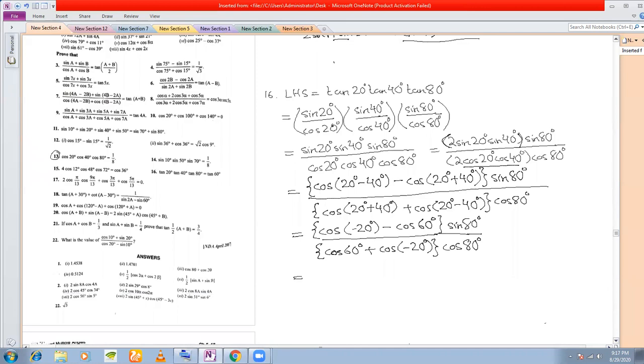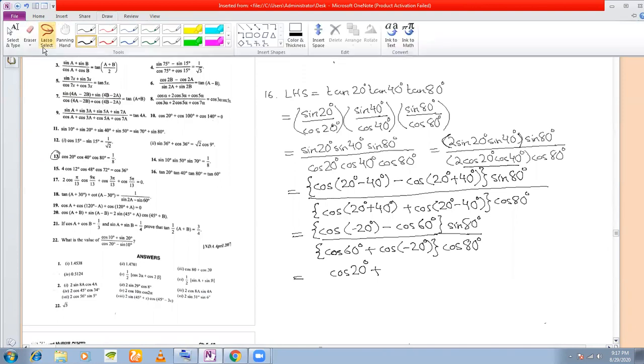Now you know that cos minus theta is cos theta. So cos minus 20 can be written as cos 20 degree.